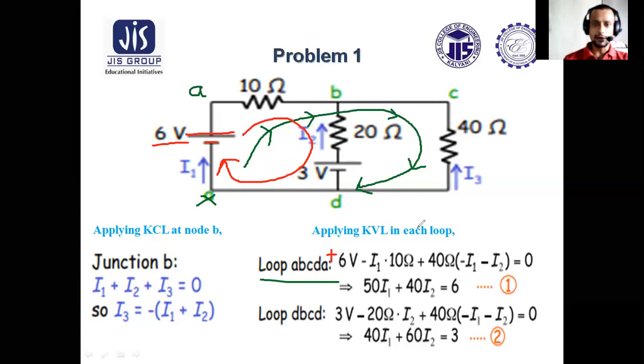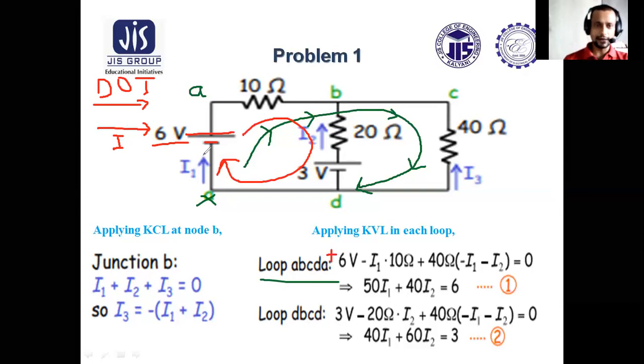Okay. Now, similarly, it is also discussed that if your direction of travel and direction of current both are in the same direction, then IR drop will be considered as negative.